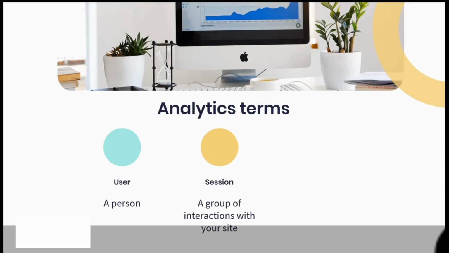So then if they interact with the site again a while later, a new session will be created. So one person can be responsible for more than one session, just like one person can be responsible for more than one impression.